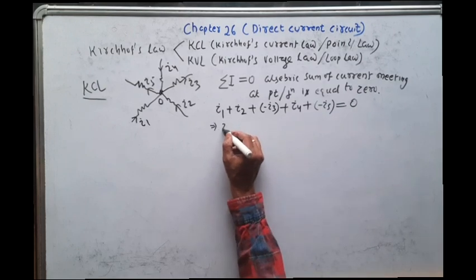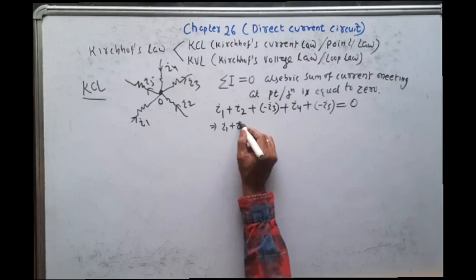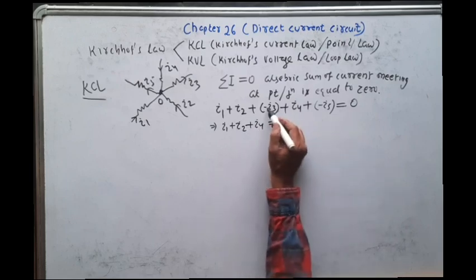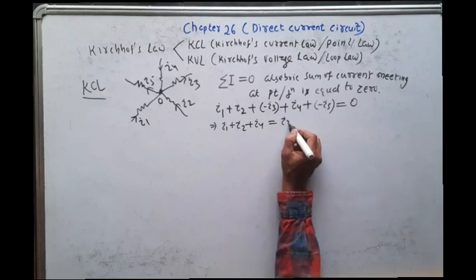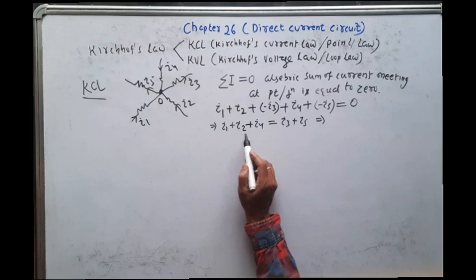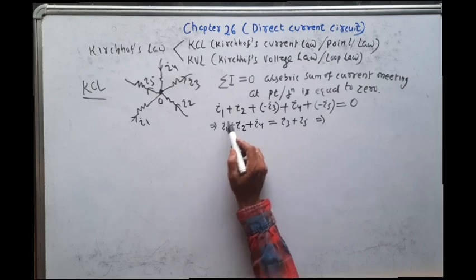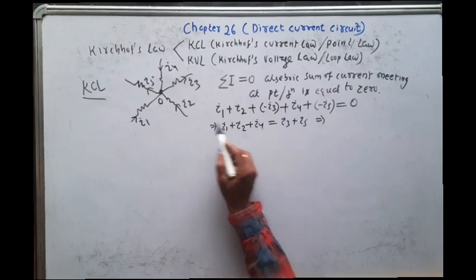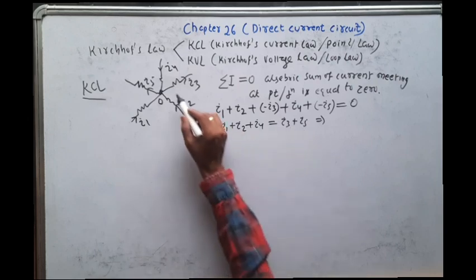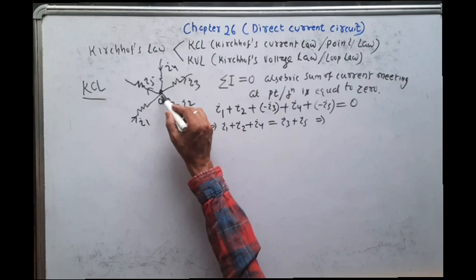Or you can say I1 plus I2 plus I4 is equal to I3 plus I5, taking terms to the right side. I1 plus I2 plus I4 is nothing but the total incoming current to the junction, and I3 plus I5 is the total leaving current from this junction.